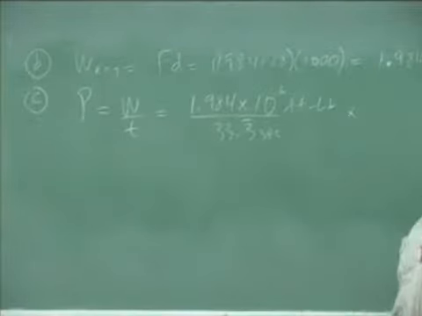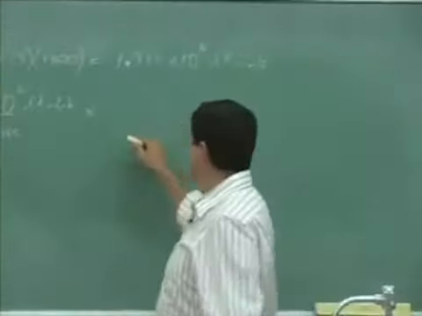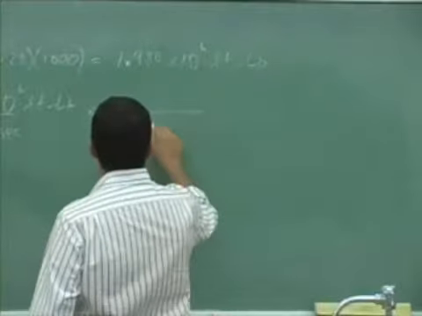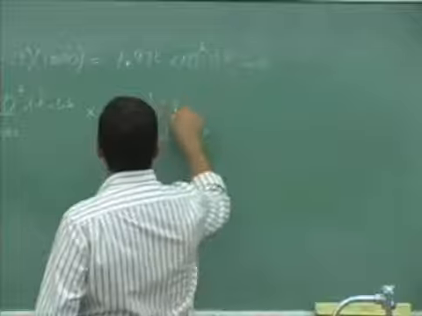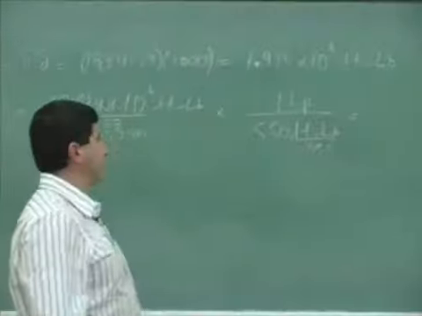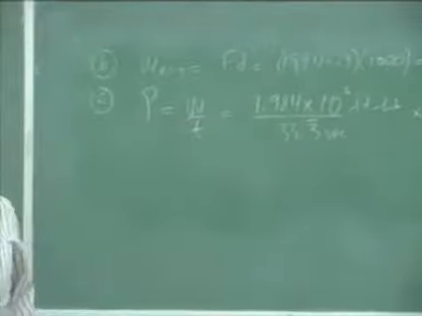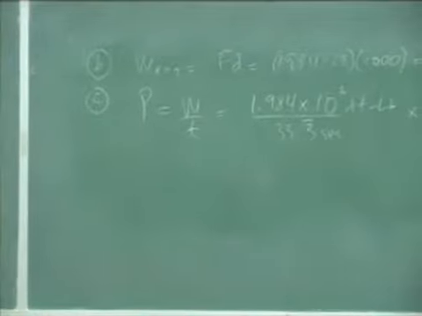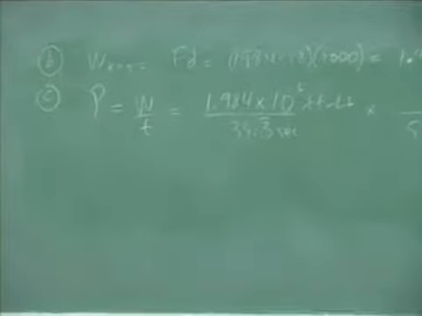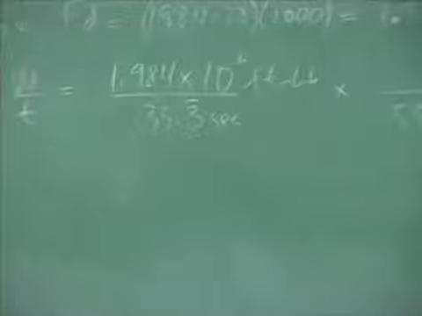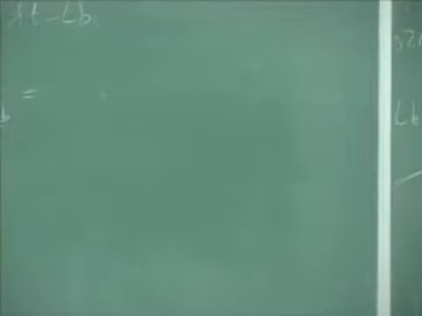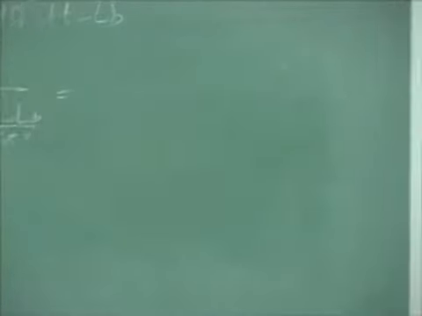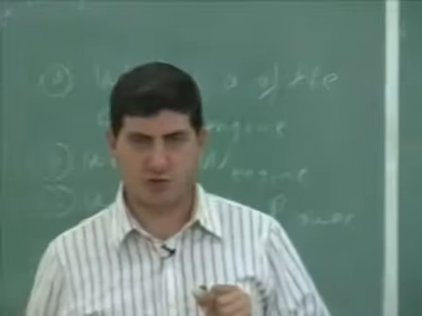And now we can convert that to horsepower. So remember, 550 foot-pound per second is 1 horsepower. And we can see how much power output the car had during that trip.